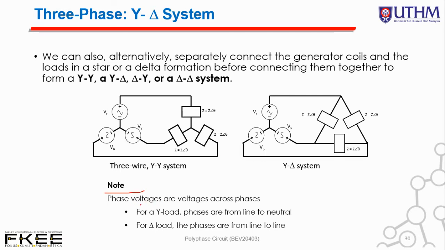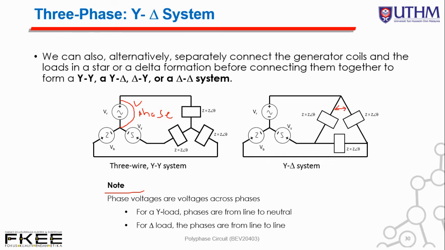So note, phase voltages are voltages across phases. For a Y load, phases are from line to neutral. So this is called a phase, especially V phase. For the delta configuration, for the delta load, the 3 phases are from line to line, between these two.